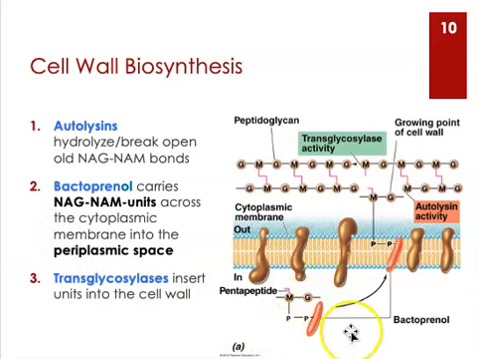Now, bactoprenol is really interesting. Bactoprenol is capable of carrying the new NAG and NAM across that cell membrane and up into the periplasmic space. That tells you a little bit about bactoprenol, doesn't it? Remember, we said the kinds of things that can get across cell membranes have to have certain chemical characteristics.